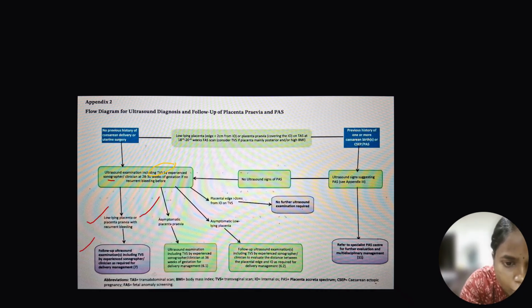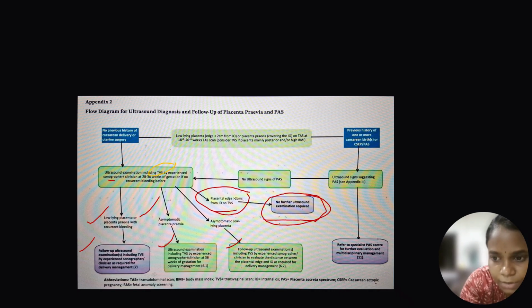If it is asymptomatic, you'll go for a transvaginal ultrasound again. See, this is important: if the placental edge is more than 2 centimeters, there is no need for further ultrasounds. If there is a previous history of one or more cesarean sections and ultrasound suspects placenta accreta spectrum, then you refer her to a placenta accreta spectrum center.